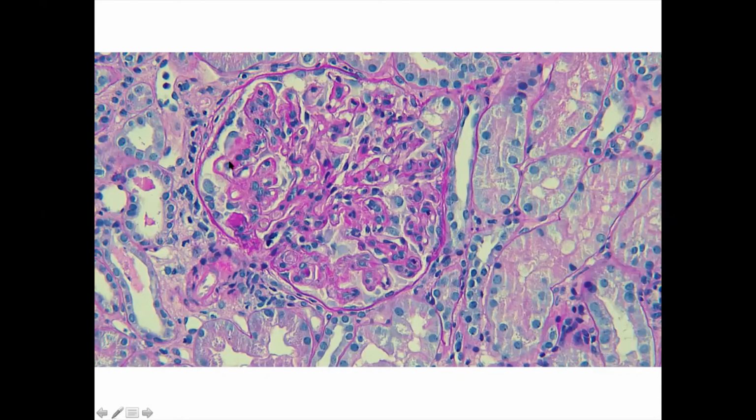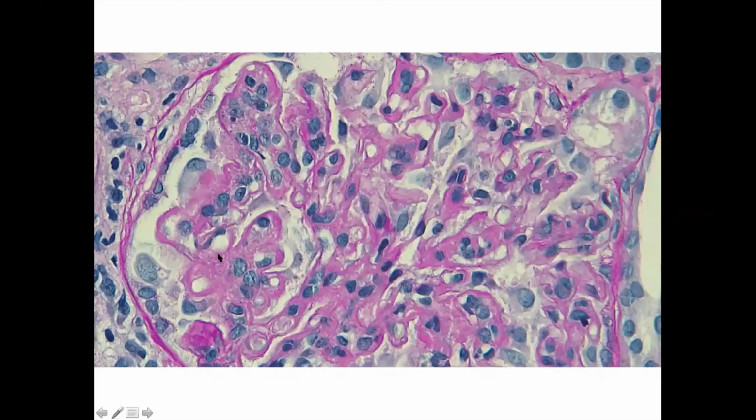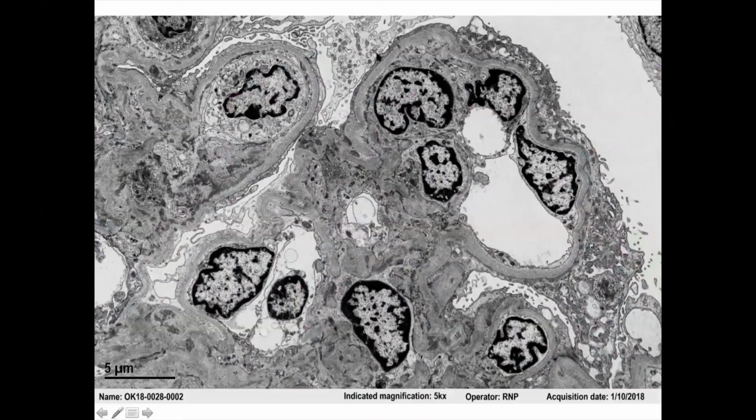You will have to compare this with your silver stain, and you're not going to see spikes, craters or holes. But we have what is known as wire loops. Again, this is a higher magnification of the wire loops. They are densely eosinophilic.